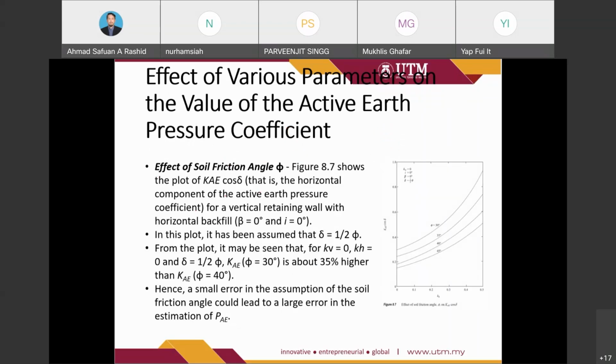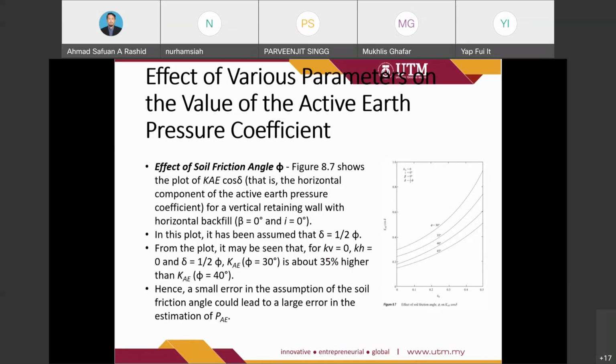they came up with the conclusion that the KAE when the value of the phi is equal to 30 is about 35% higher than the KAE when the phi is equal to 40. Hence, a small error in the assumption of the soil friction angle could lead to a large error in the estimation of the PAE.